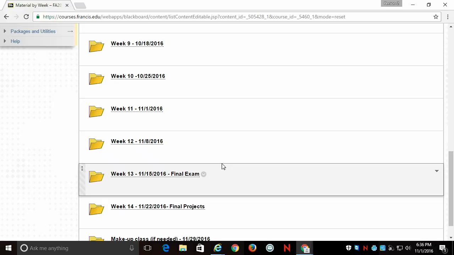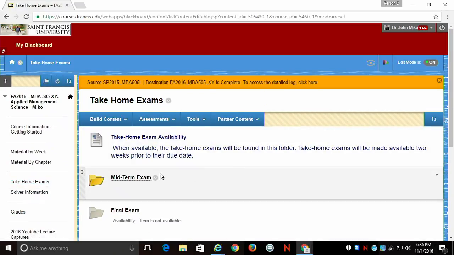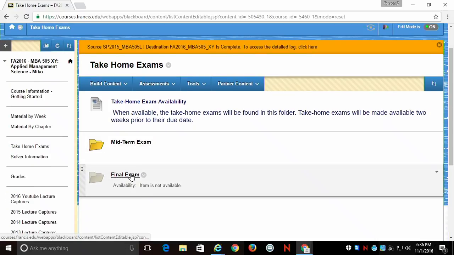The 1st of November. So I will give you guys your take-home exam, but I didn't make it available yet. I'll make it available on Blackboard probably tomorrow morning, okay? You'll see it pop up under take-home exams. Right now you'll only see the midterm exam, but there's a folder that's final exam. I'm not quite done with that, but I'll make that available very shortly.